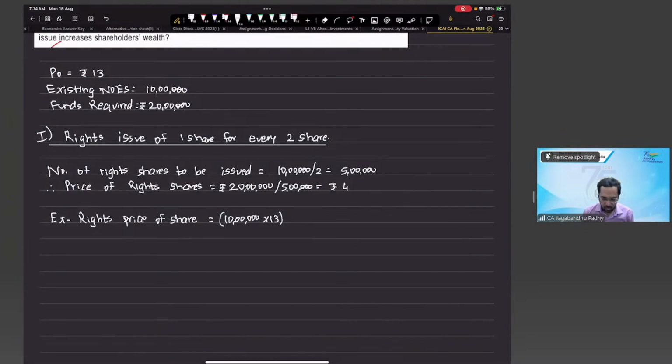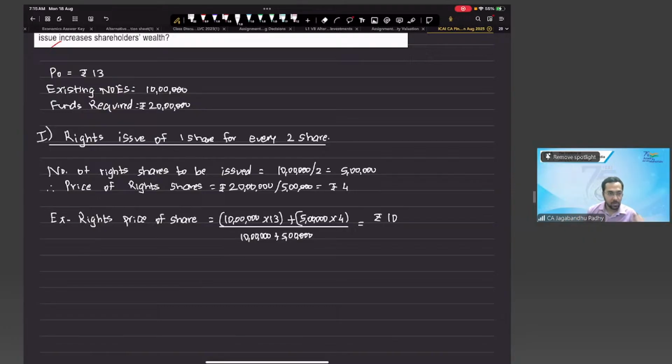Now the wealth increases by the amount raised through the rights issue, which is 5 lakh into 4. This total worth is divided by 10 lakh plus 5 lakh, so total 15 lakh shares. The theoretical ex-rights price is 10 rupees per share.